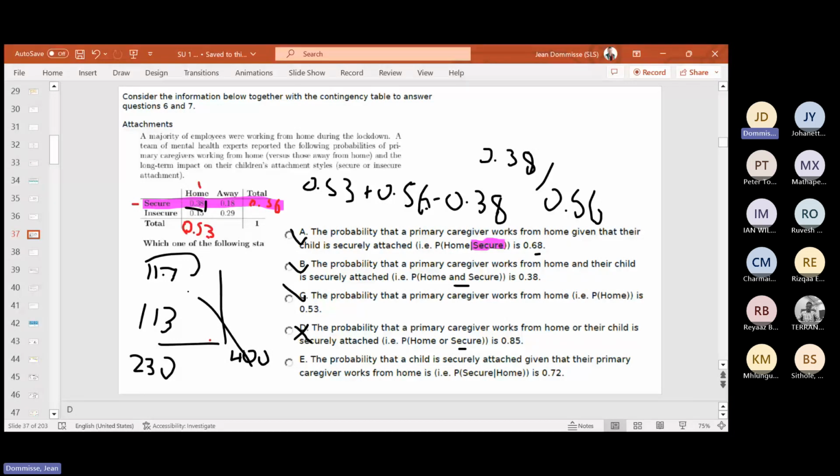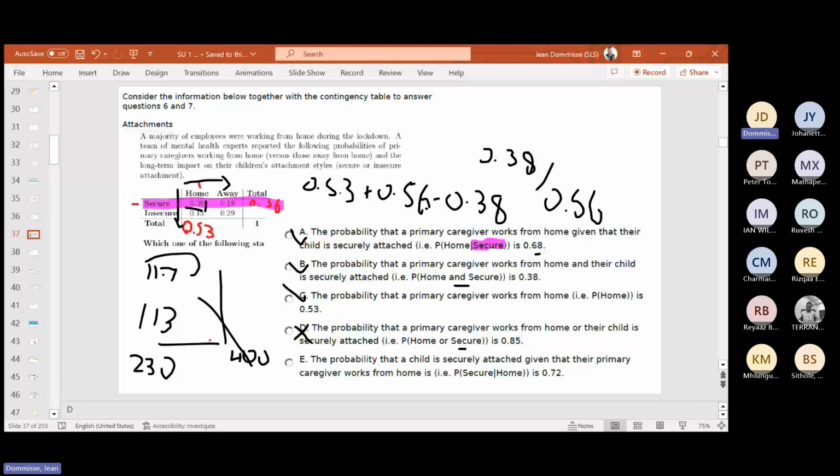But basically take the total of the home, which is 0.53, take the total of the secure, which is 0.56, and then remember, because we have counted in 0.38 twice, because we've counted it in the home, and we've counted it into the secure, we just need to take one of them away.